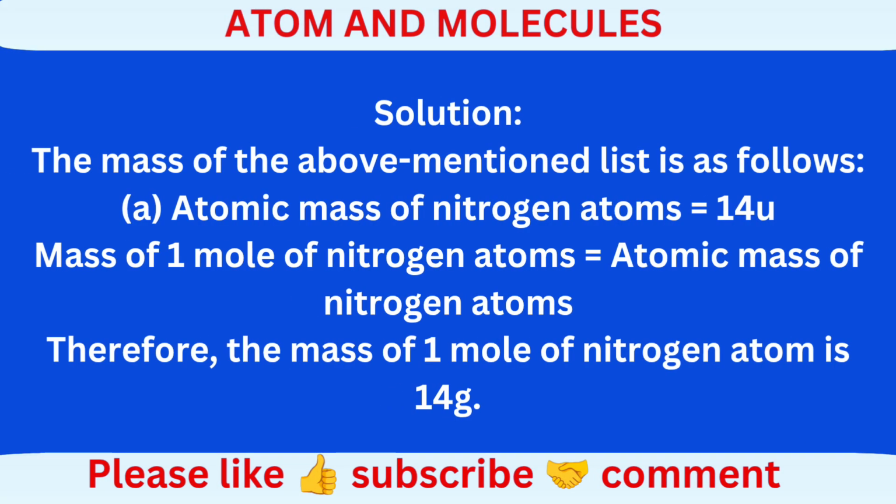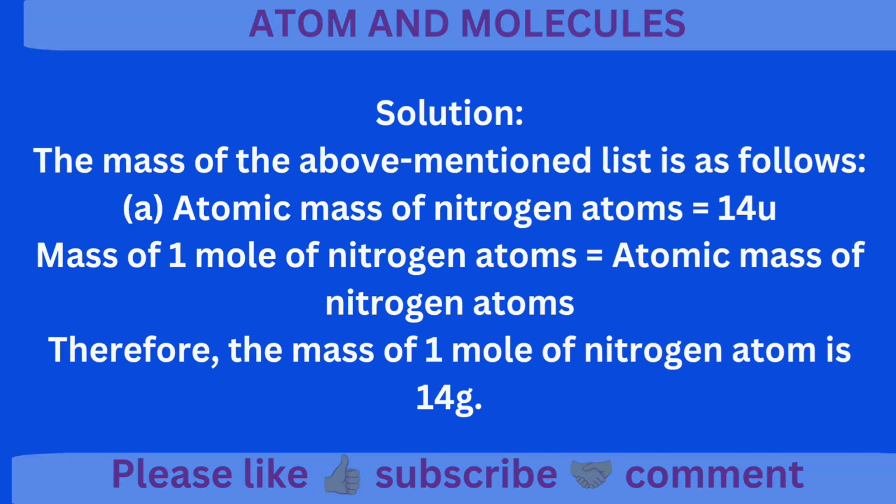Solution. The mass of the above-mentioned list is as follows. A. Atomic mass of nitrogen atoms equals 14 u. Mass of 1 mole of nitrogen atoms equals atomic mass of nitrogen atoms. Therefore, the mass of 1 mole of nitrogen atoms is 14 g.